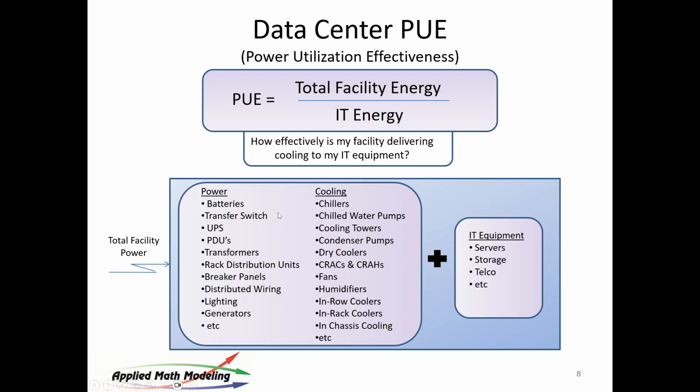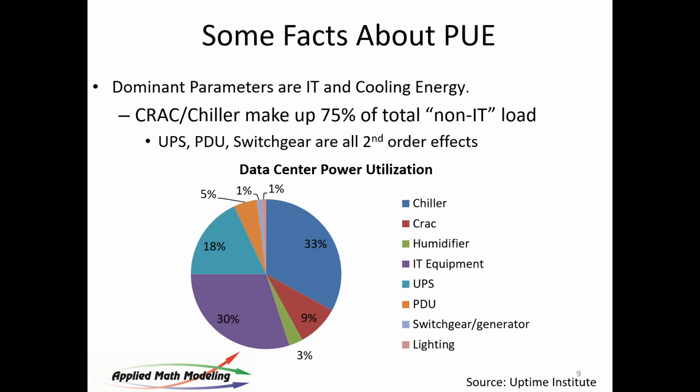Unless you're going to run your servers outside, which is impractical, you have to cool it and you have to power it with UPSs and so forth. But if you look at all that stuff on the left as a percentage of total load, non-IT load in this case, we find that 75% of all of that energy predominantly goes to cooling.